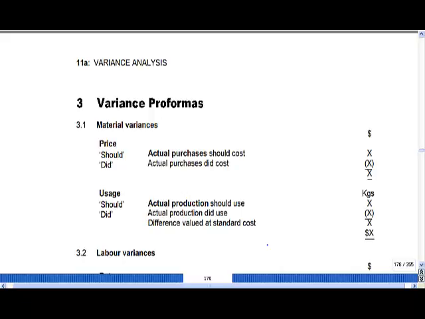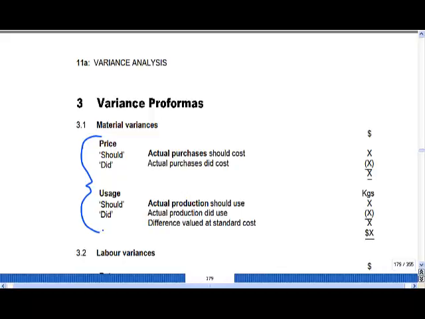Now remember, whilst there's loads of variances here, essentially these first two are repeated throughout. They're virtually identical for your labour variances, your rate and efficiency, we call them then, rather than price and usage, and your variable overhead, your expenditure and efficiency.